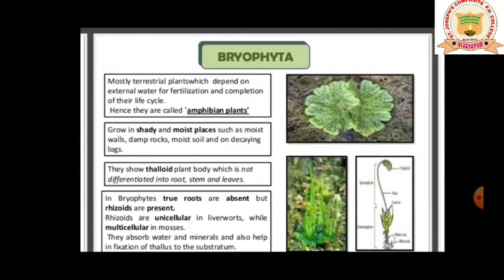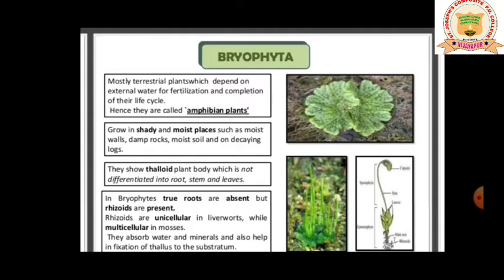Justify the sentence, or why are Bryophyta termed as amphibians of the plant kingdom? Because they need external water for fertilization. They grow on a terrestrial medium, but they depend on external water for fertilization and to complete their life cycle.